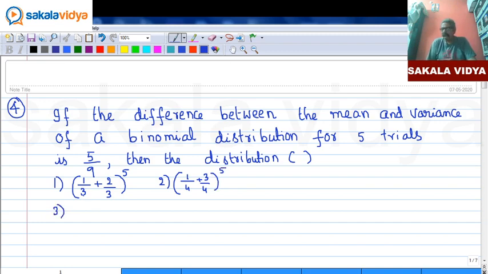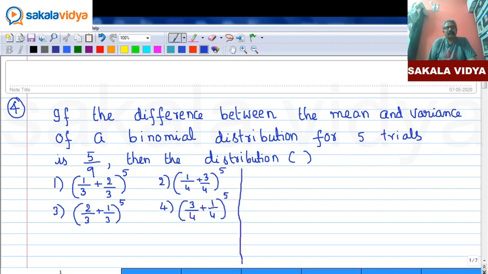Third option, (2 by 3 plus 1 by 3) whole to the power of 5. Fourth option, (3 by 4 plus 1 by 4) whole to the power of 5.